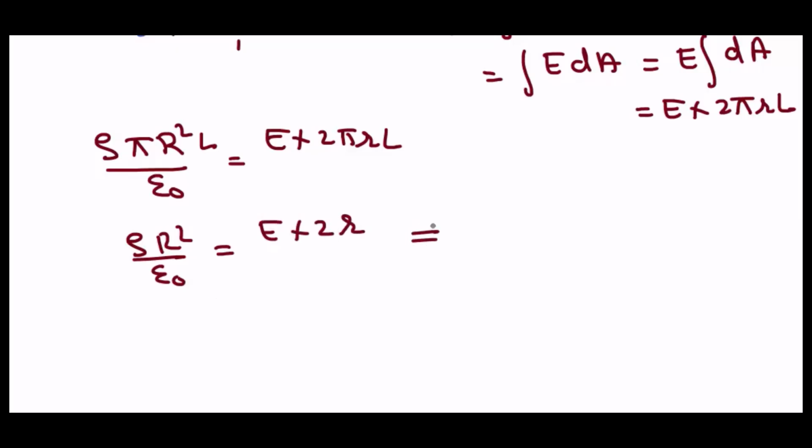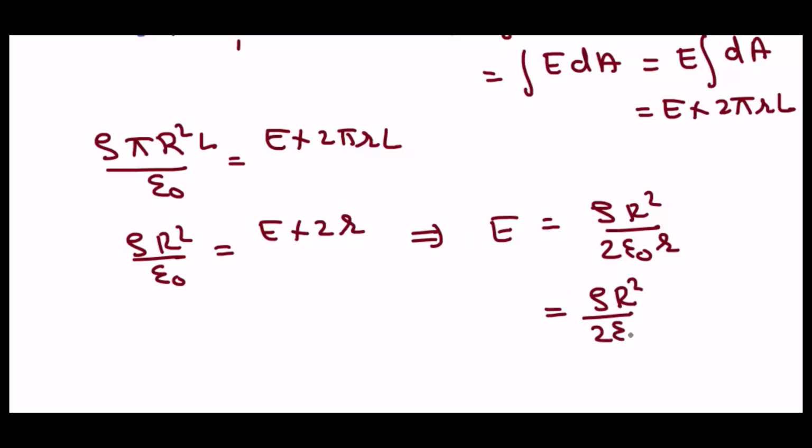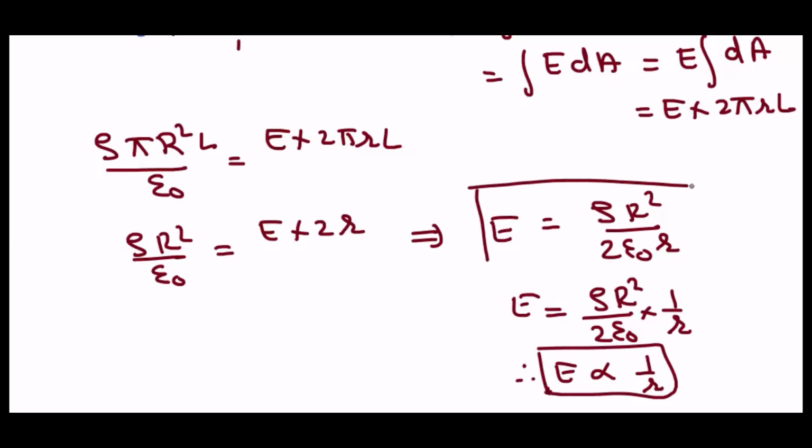And therefore this will imply that E is equal to rho R square upon 2 epsilon naught r. Now if I put the constants on one side, rho R square by 2 epsilon naught is a constant, into 1 over r, and therefore E is proportional to 1 over r in this case. This is the equation for E, and E is proportional to 1 over r.